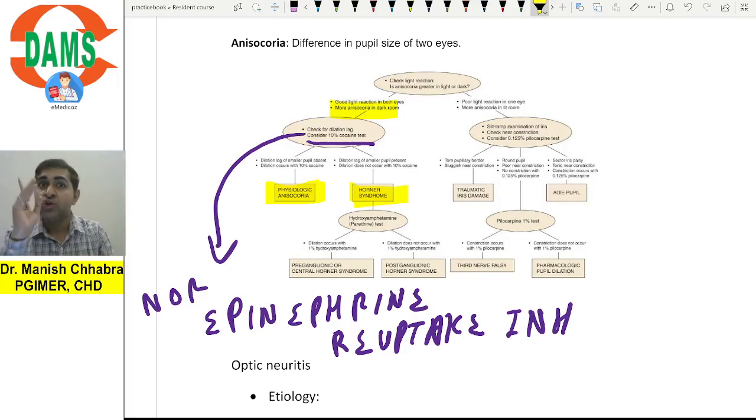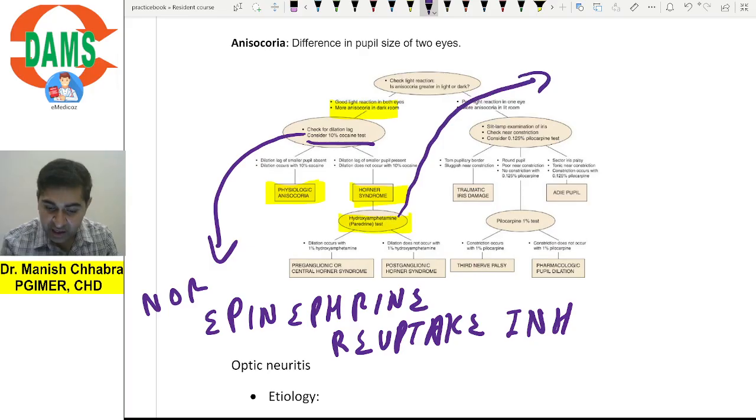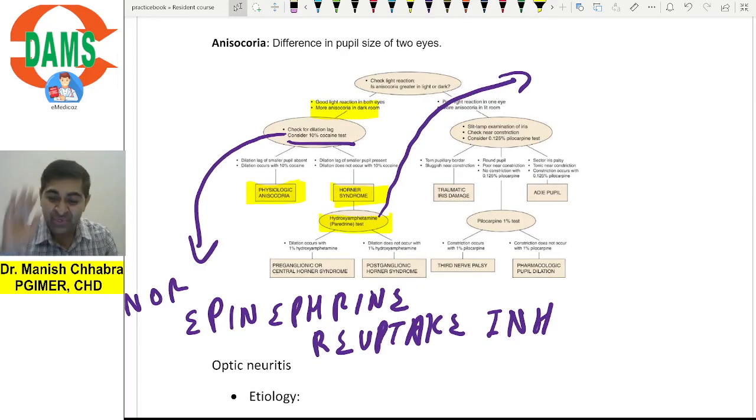Yes, now you put another drug, that is hydroxyamphetamine. What is the mechanism of action of hydroxyamphetamine? This drug releases norepinephrine, which is ultimately going to cause dilatation.